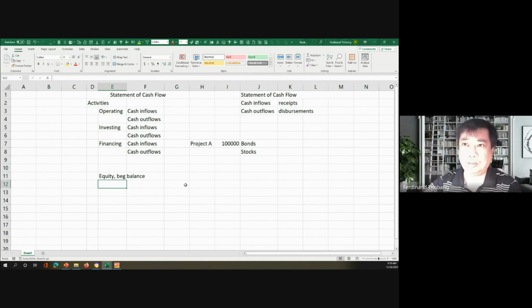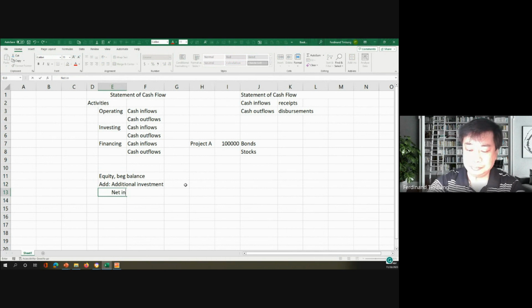So, yun nga, when it comes to the statement of changes in equity, we start with the beginning balance. And then you add the additional investment. Then we also add the net income. Then we have the total now.